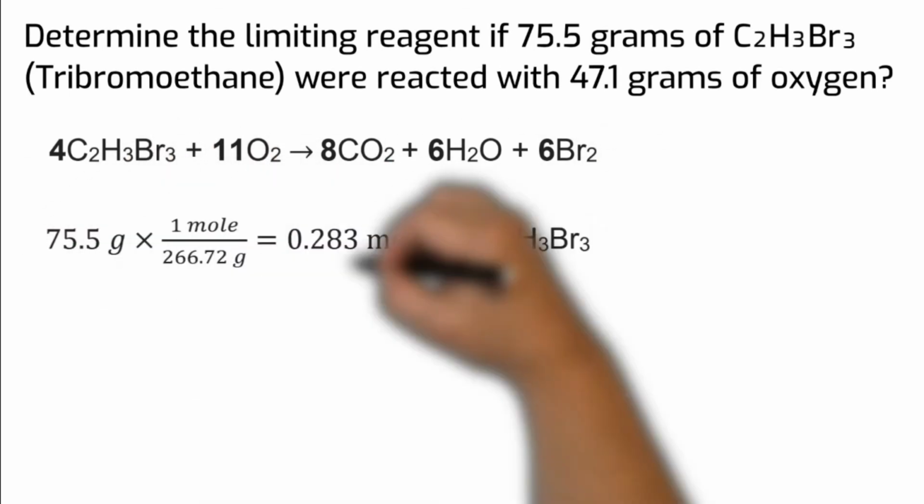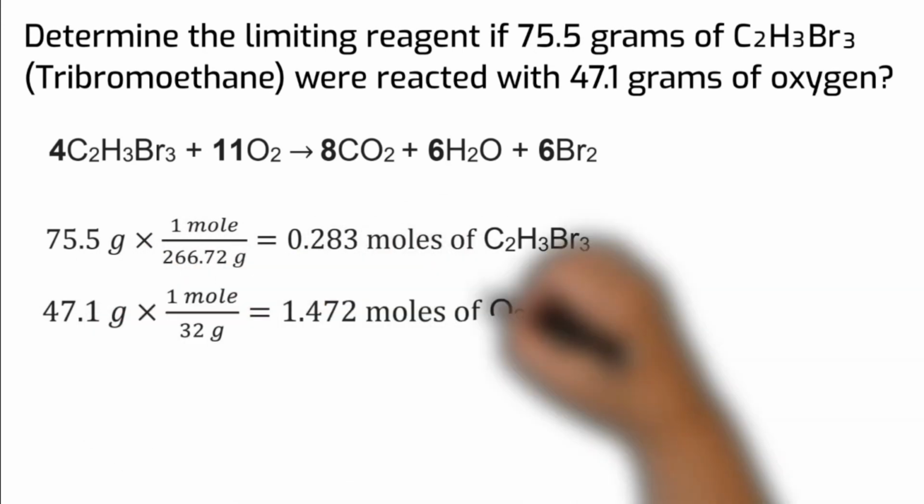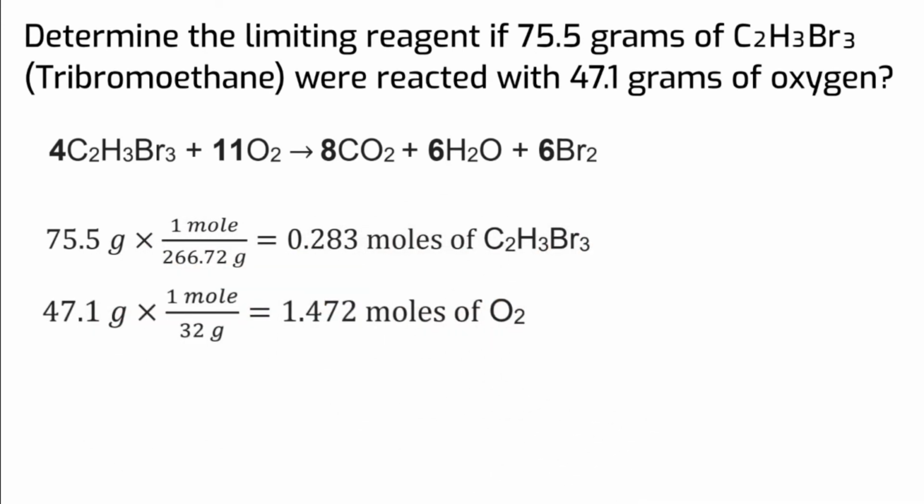75.5 grams times 1 mole over 266.72 grams is equal to 0.283 moles of tribromoethane. 47.1 grams times 1 over 32 grams is equal to 1.472 moles of oxygen.